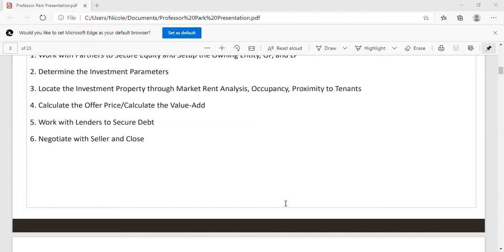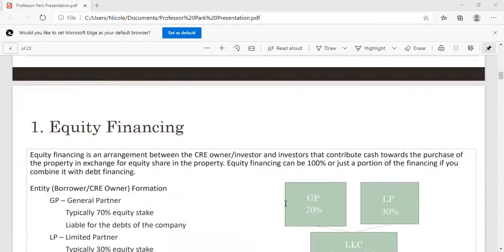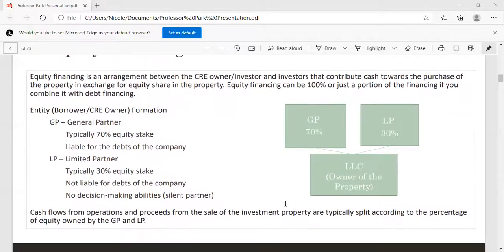If the property is only 80% occupied, that is what you would go to the seller with an offer price for. However, if you know that you can lease it up to 100%, that's an internal value add, and you would know that it's actually a much higher value than it looks like right now. Then you would work with lenders to secure the debt, negotiate with the seller and close.